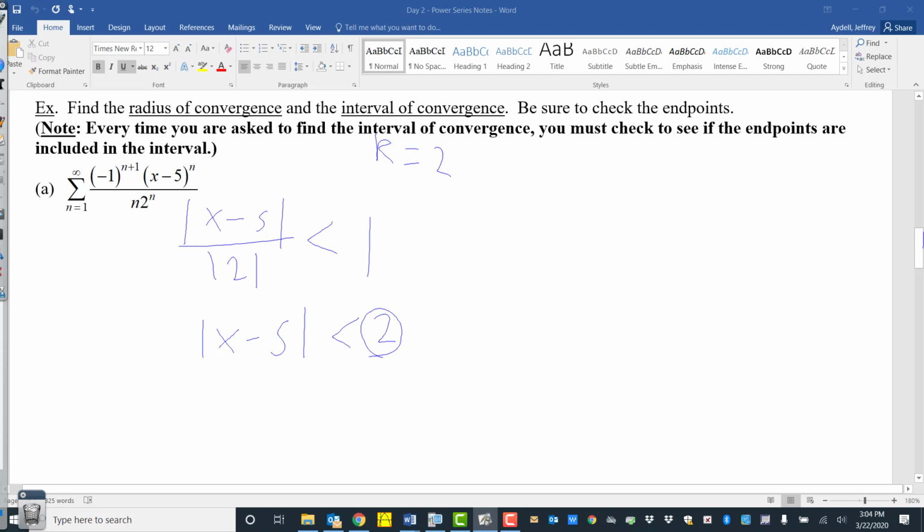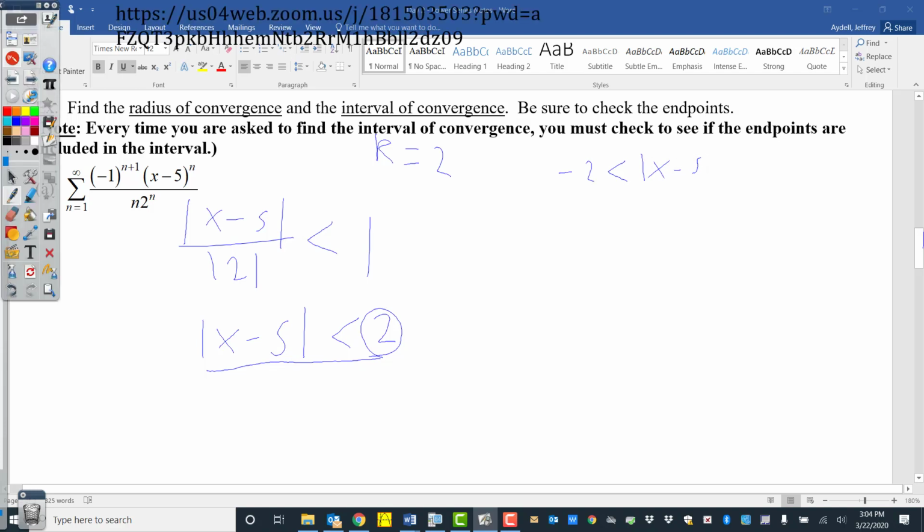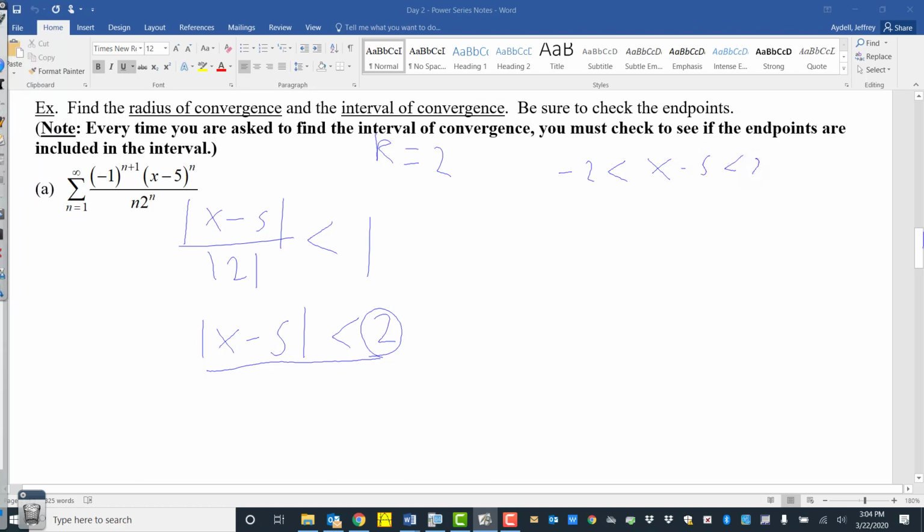To do that, we're going to change this into an actual interval. We're going to say negative 2 is less than x minus 5, which is less than 2.